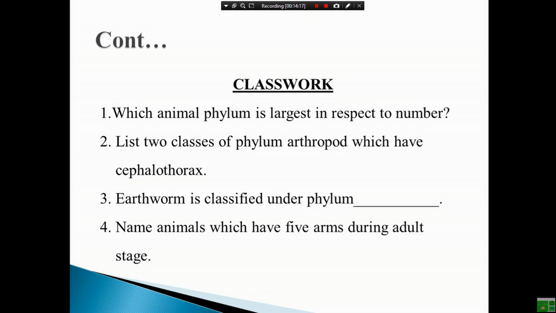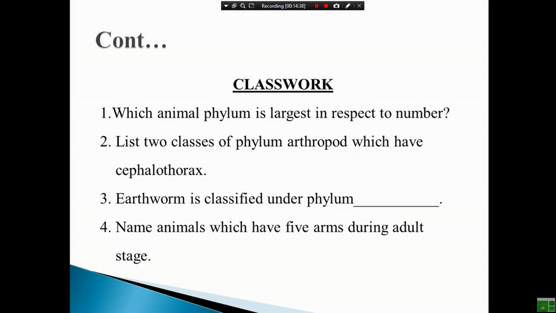Question number 1: which animal phylum is the largest in respect to number? Phylum Arthropoda, the last phylum of invertebrates, which are called joint-footed animals. Question number 2: list 2 classes of phylum Arthropoda which have cephalothorax.